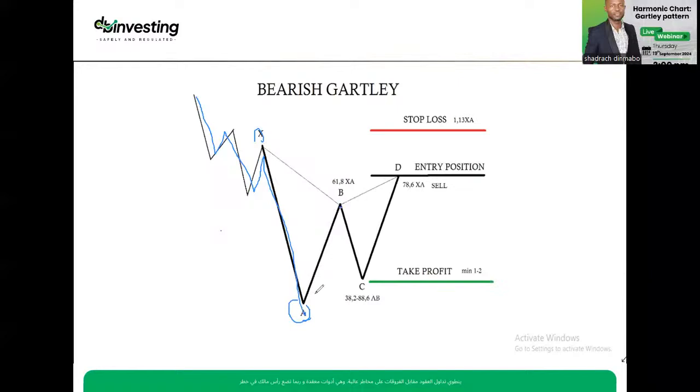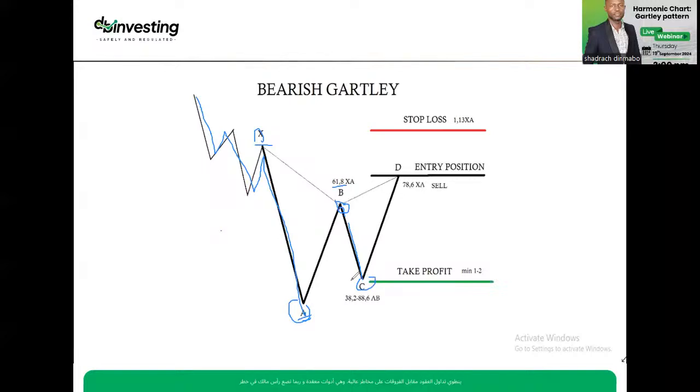Point B has to be 61.8% of XA. So we'll drop our Fib here, drag down to A, and check if the retracement is up to 61.8. If it is up to 61.8, then this qualifies to be called point B. Having gotten our point B, we expect the market to drop from there to give us point C, and point C definitely will be a higher low.